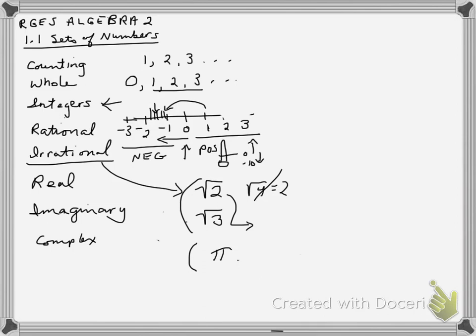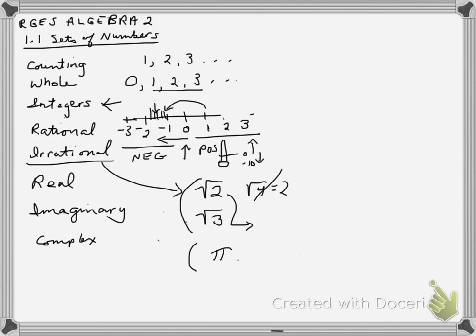So pi has a very special value, 3.14159, etc. You can memorize it out to many places if you desire, but it does not form a terminating decimal, like 0.75, or a repeating decimal, like 0.3333. It's neither one of those. It just has numbers that go on and on.